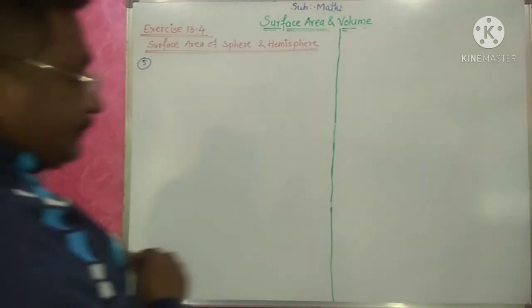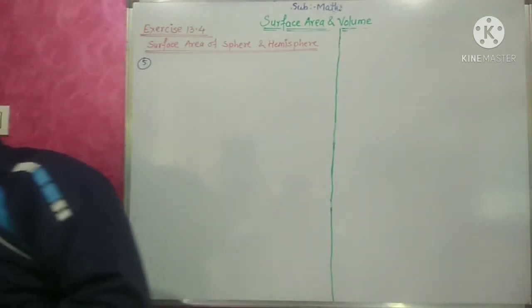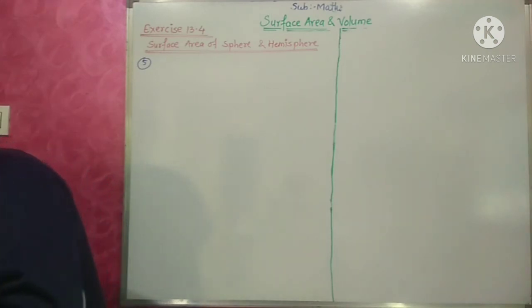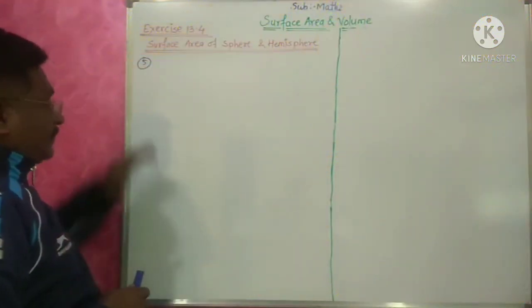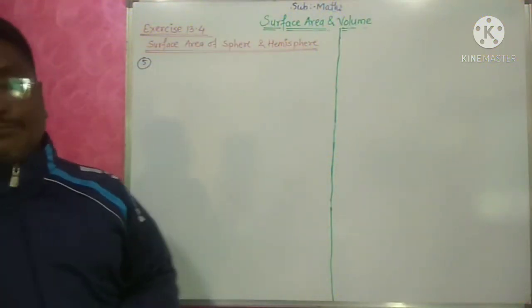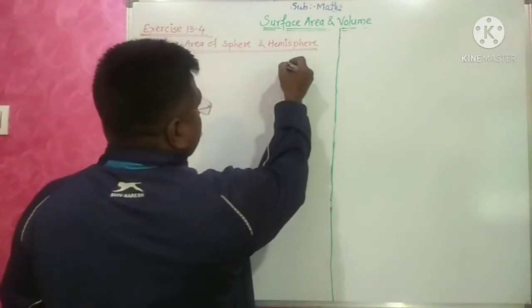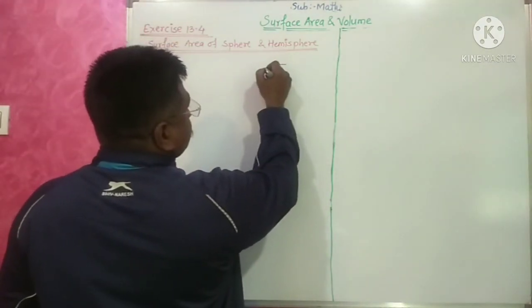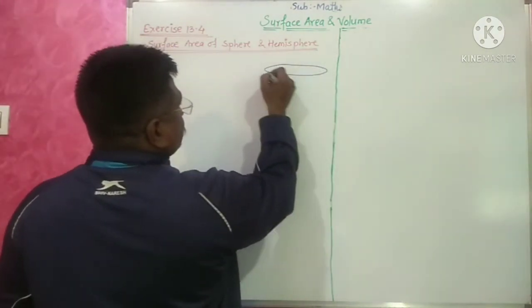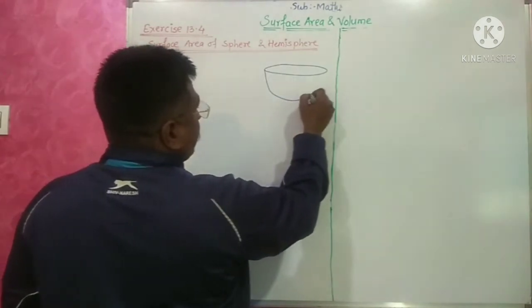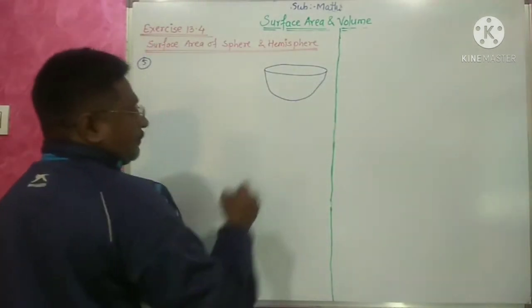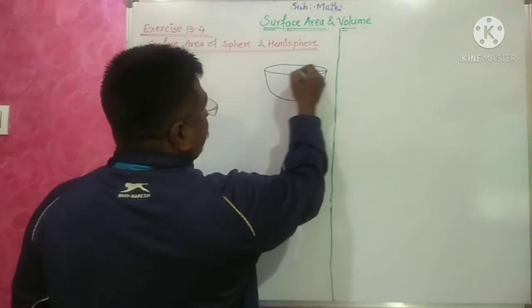Now the fifth question. What is given in the fifth question? The hemispherical bowl made of brass. Hemispherical bowl, it is made up of brass.